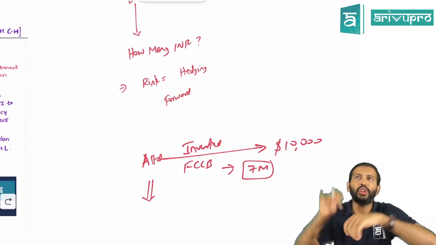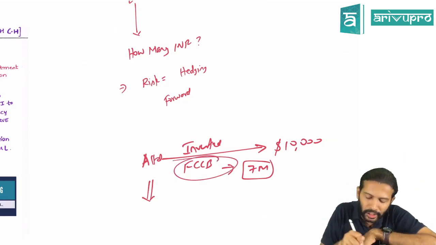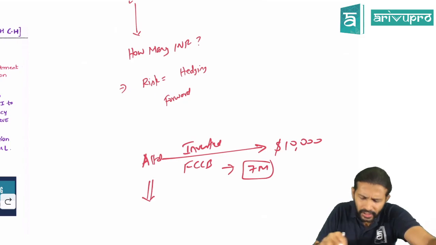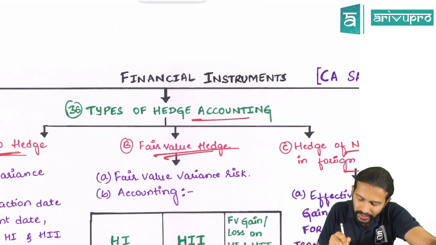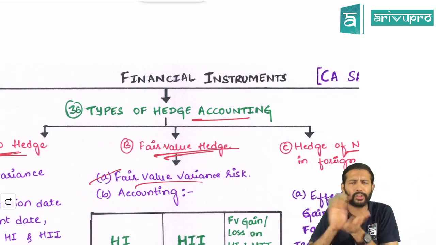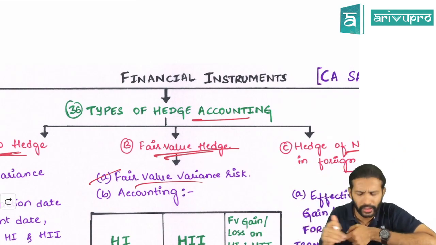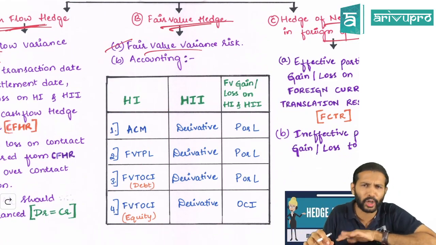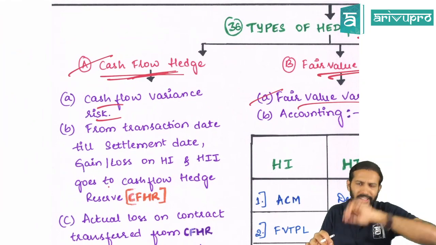If they are doing any activity to cover this value change risk, we call such a hedge a fair value hedge. Basically, it is an activity undertaken for fair value risk variance. The question again, all this we had discussed in the class, so I'll not go into that particular part over here. I'll directly get into the cash flow hedge part itself.